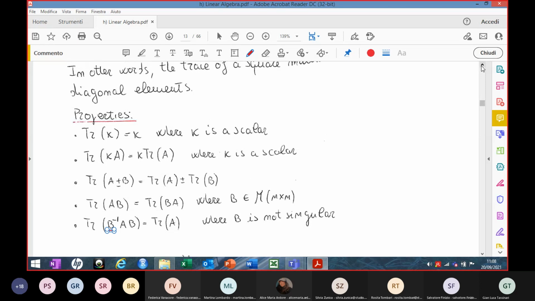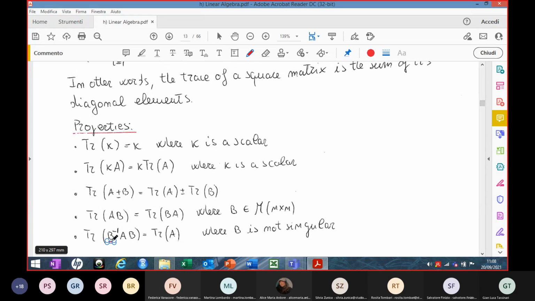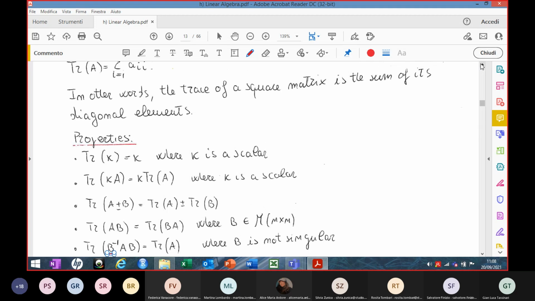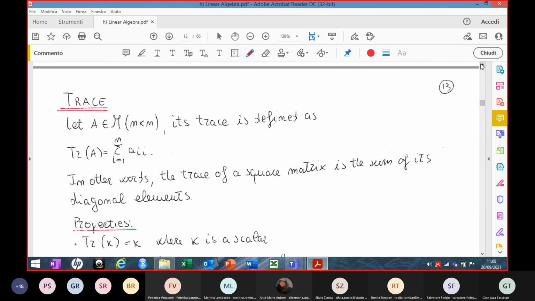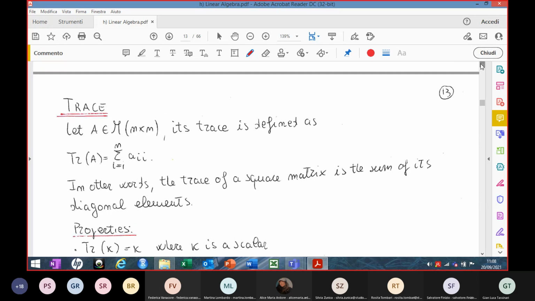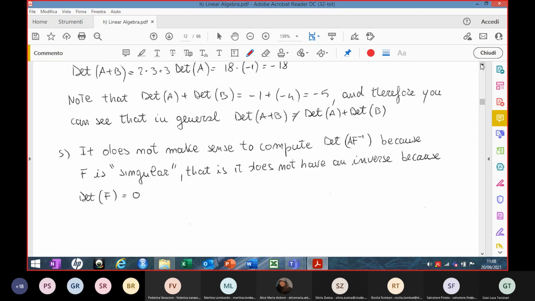In mathematics, with what you are going to do with Professor Dieci, you don't need this formula, but in econometrics in some cases you need it. What is important to remember mainly is that the trace is the sum of the diagonal elements. Remember the definition of determinant and the properties of the determinant.